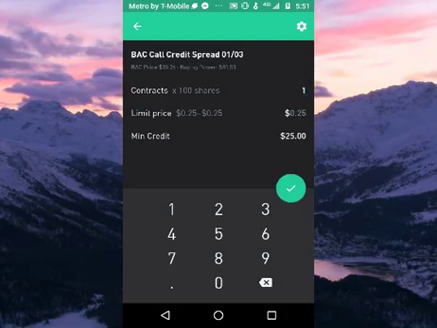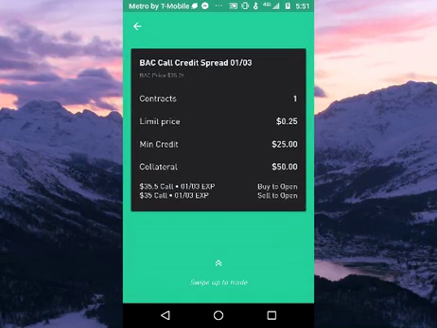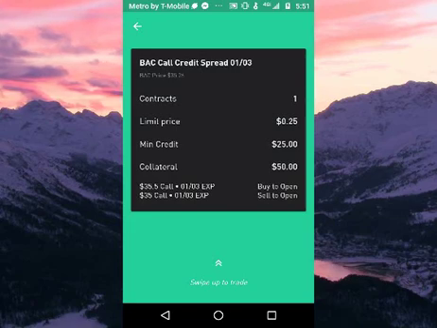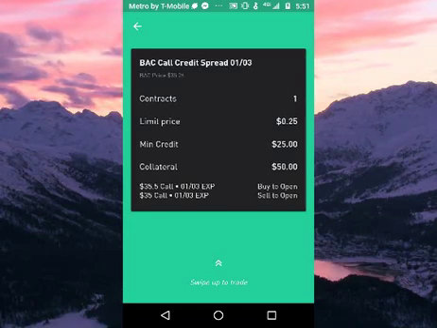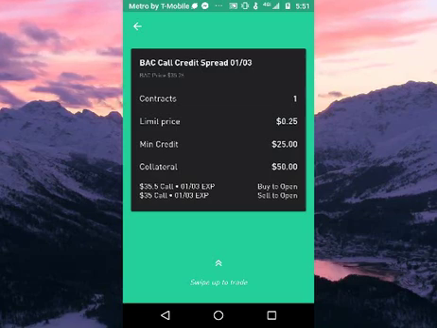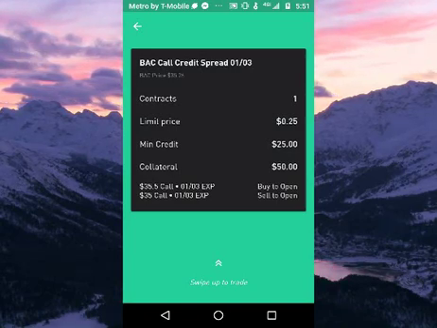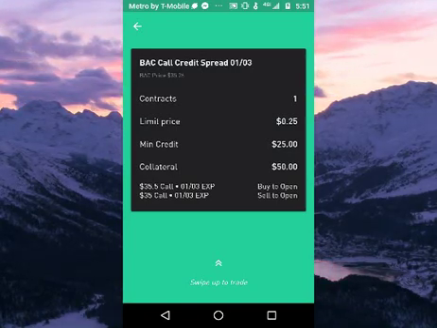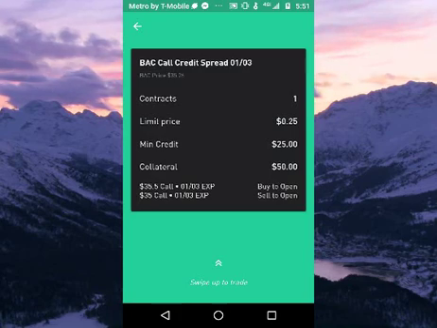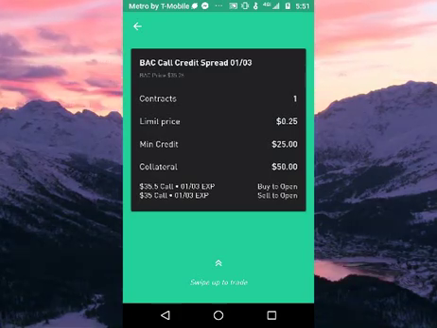I'm going to click right over here, and this shows us the collateral. The collateral is the amount of money the broker sets aside in case our options get assigned. So we sold one contract, which is $35, which is in the money. In case that gets assigned, our broker needs to set aside the collateral needed.